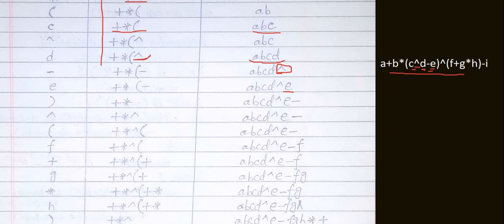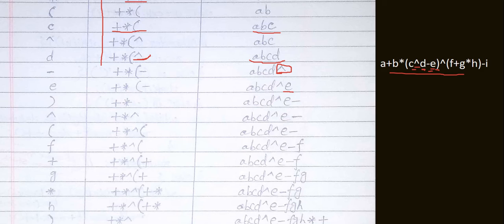Now the next is the closing bracket, and here is also a rule: if any closing bracket is encountered, then all the previous operators after the opening bracket will pop out one by one and be concatenated with the output expression, like minus.